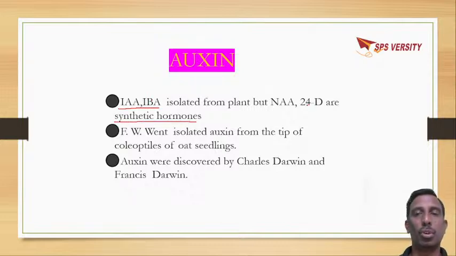That is 2,4-D, naphthalene acetic acid. 2,4-D or 2,4,5-T, ये पूरा synthetic hormones. Synthetic means which are synthesized artificially. When you take IAA, IBA, they are naturally present in the plants.